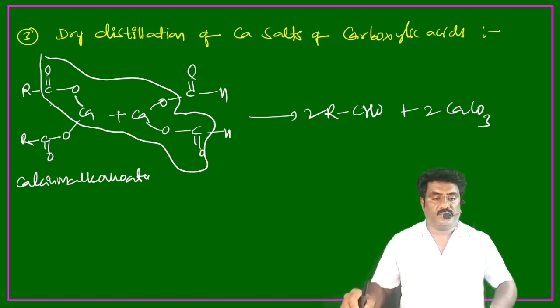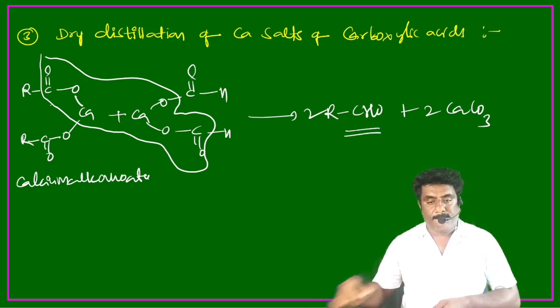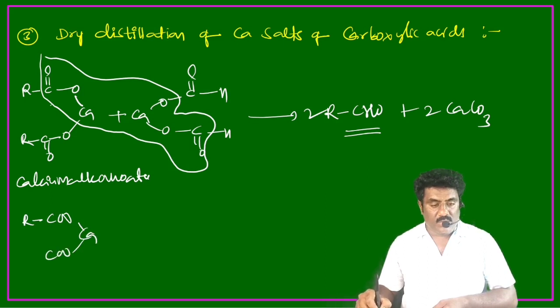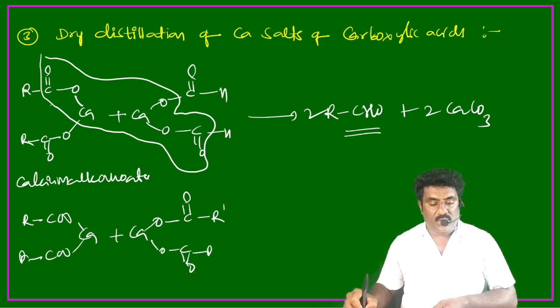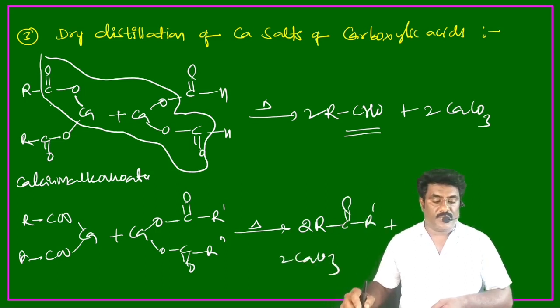RCHO, yes, R-C-H aldehyde. Similarly, the calcium salt of carboxylic acid, (RCOO)2Ca, on heating gives ketones, R2C=O, plus CaCO3.